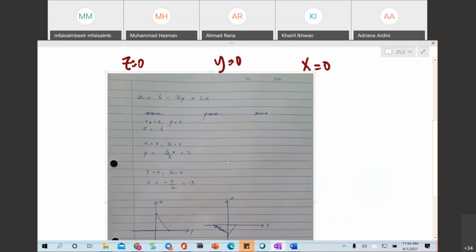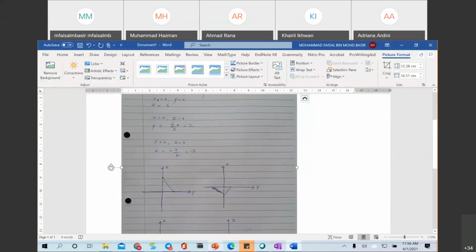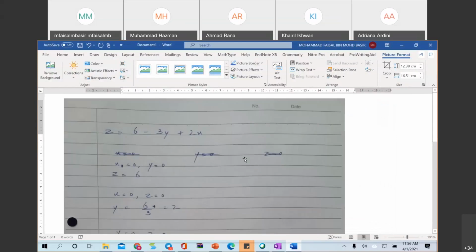Okay. See, so we see Rana's answer: 6 minus 3y plus 2x. So make sure the question is correct. Okay. 6 minus 3y plus 2x.